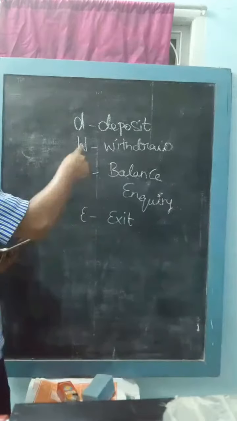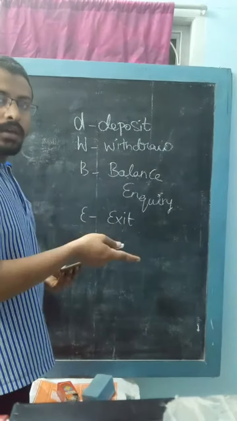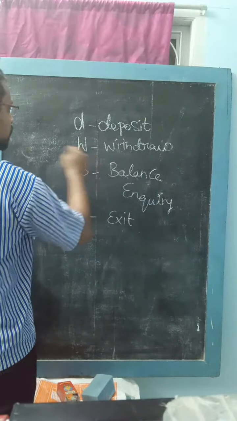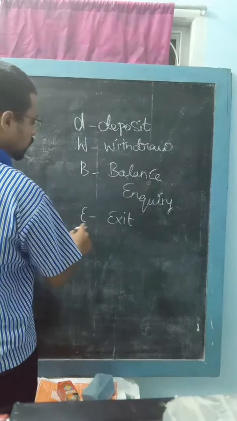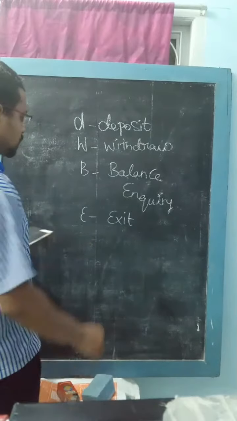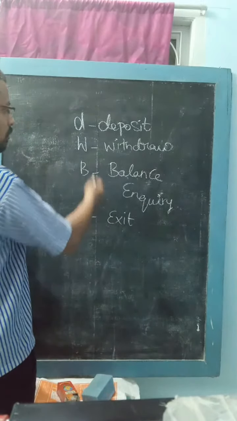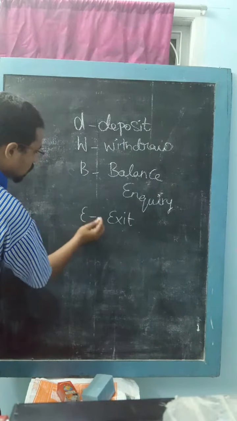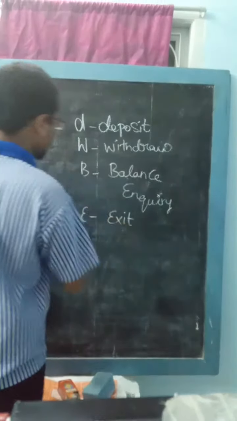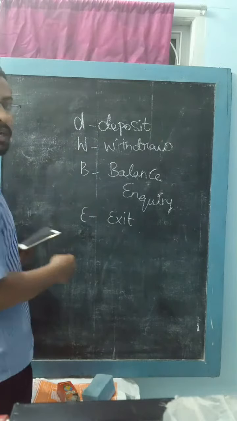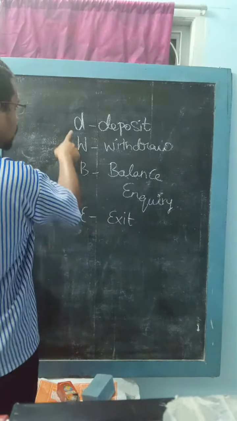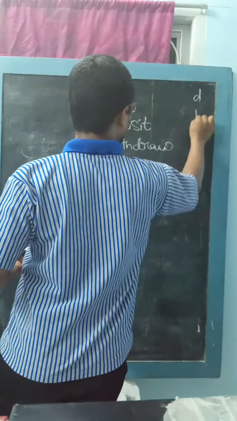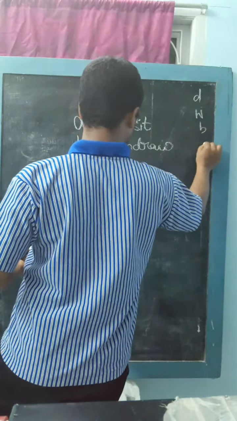This is our problem definition that we are going to make as a program. If there is nothing we need to choose, we have to use default. That case we will see last. So these are all the options we are going to convert into a program: D, W, B, and E.